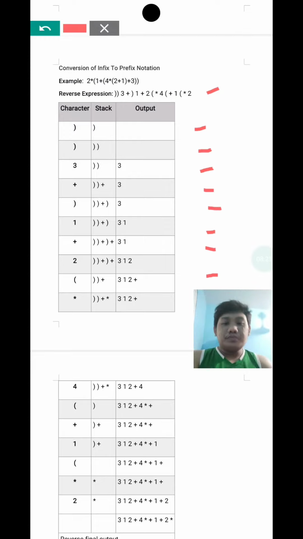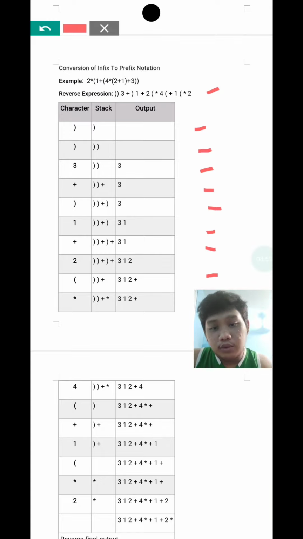So next is an open parenthesis. Since it is an opening parenthesis, it will pop from our stack until a closing parenthesis is encountered.